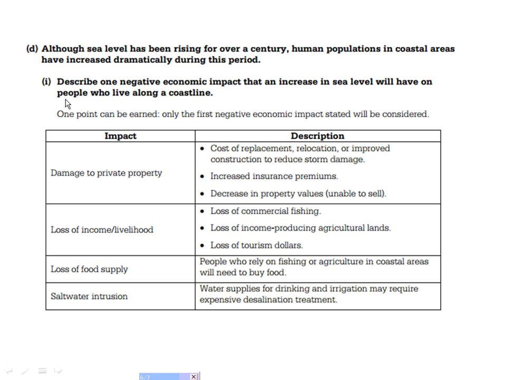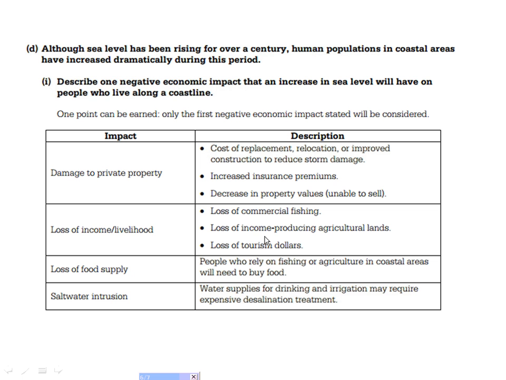So what is an economic impact? Again, it says to describe, so you need this description here. You could discuss the damage to private property. So because we have an increase in the sea level, the cost of replacement, relocation, or improved construction to reduce storm damage, so it's going to cost money. Increased insurance, decrease in property values, you're not going to be able to sell it. Loss of income, so loss of commercial fishing.